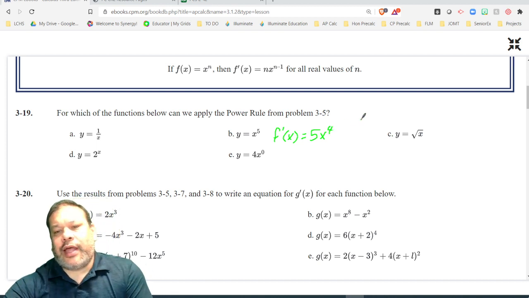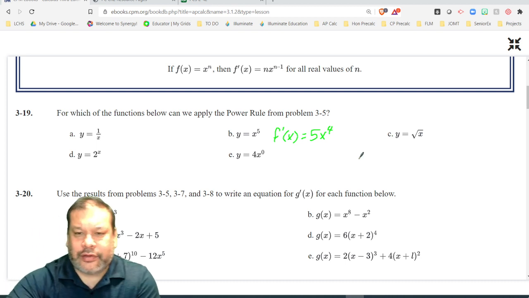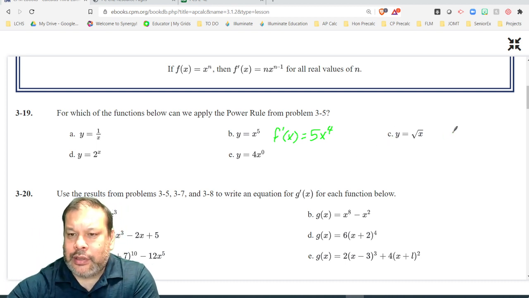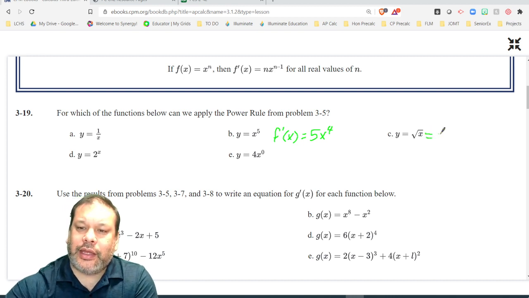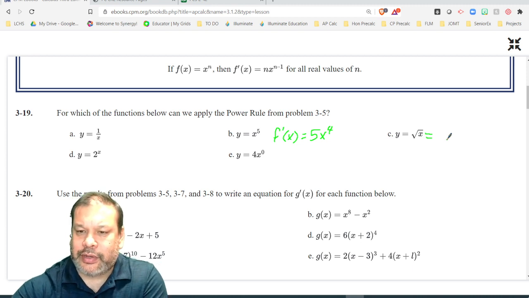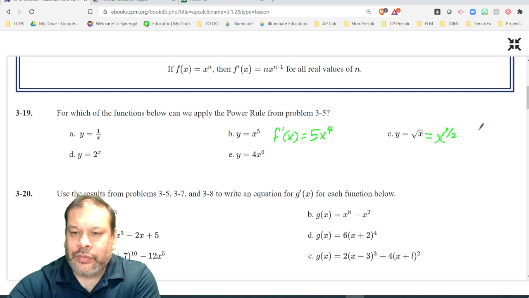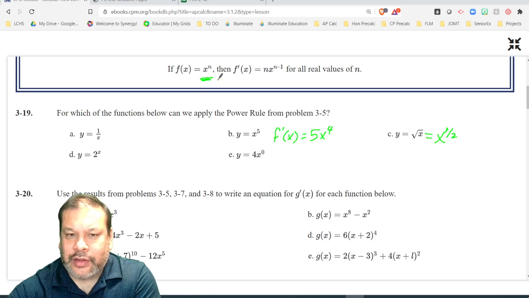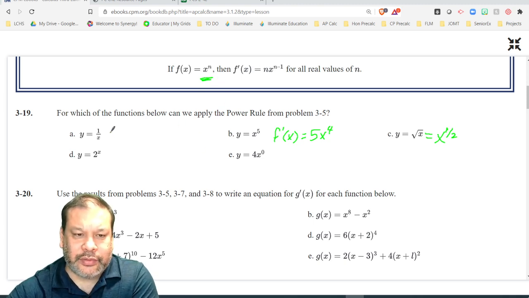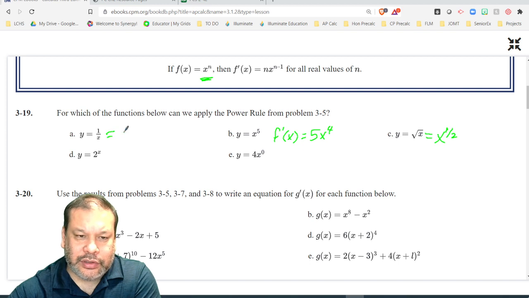We say calculus problems are 80% algebra and 20% calculus. So we need some algebraic manipulations, or just another representation of this, which is x to the 1/2. Now that we can get it into the form of x to the n, we can apply the power rule. And this one here is equal to x to the minus 1.